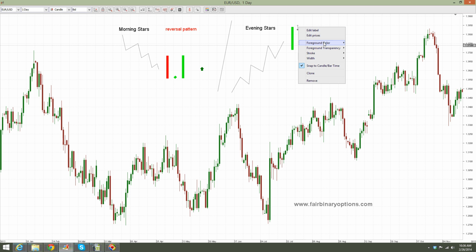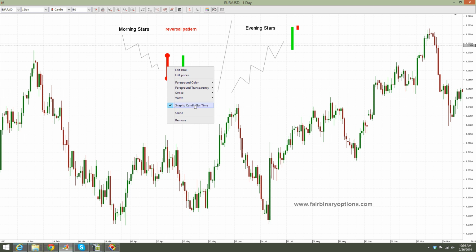Let's make this one red, for example. And then the very next candle needs to be a strong bearish candle, and this is called an evening star. As you can see, the morning stars and evening stars are a three candle structure.